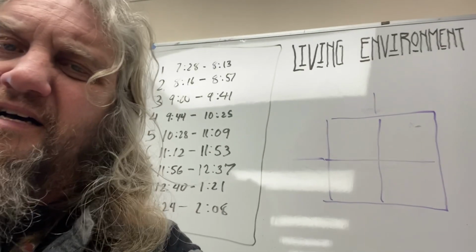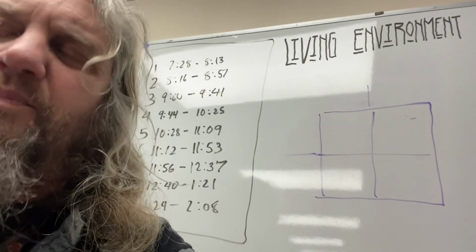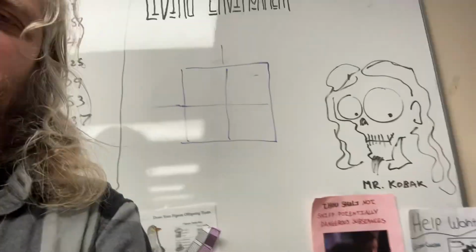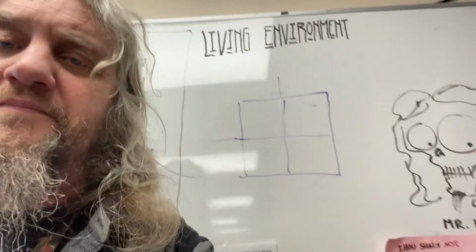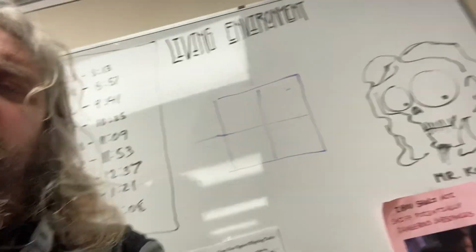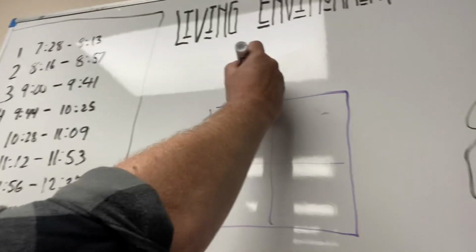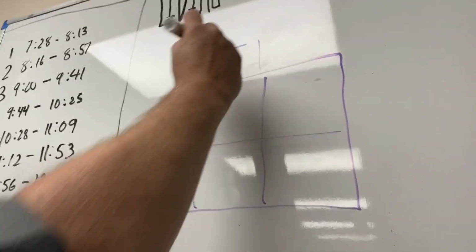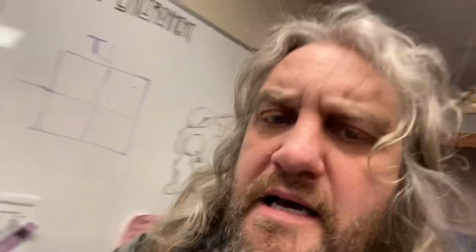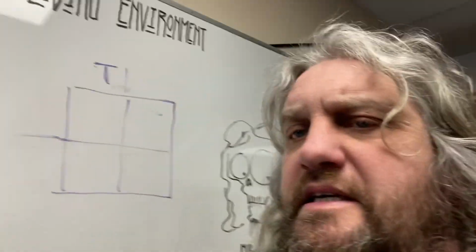So why don't we take 2 parents. We'll use the face game, and we'll use T as the gene for tongue out. Since it's dominant, we're going to use a capital T. Big T is dominant.